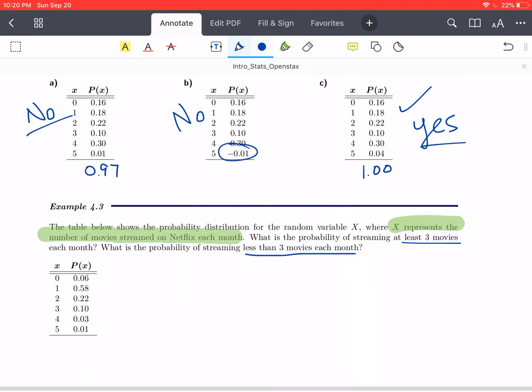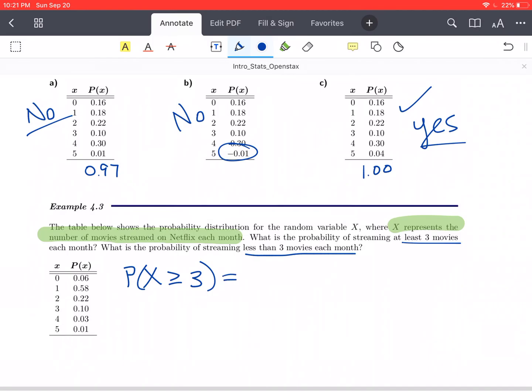Okay, so for this probability distribution, we're looking at the probability that our random variable is bigger than or equal to 3. That's the probability of the number of movies being watched being at least 3. So this is our symbolic way of writing that statement.